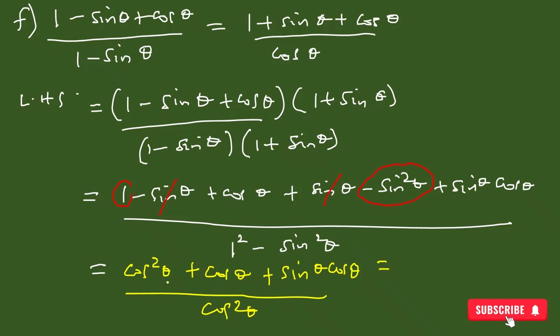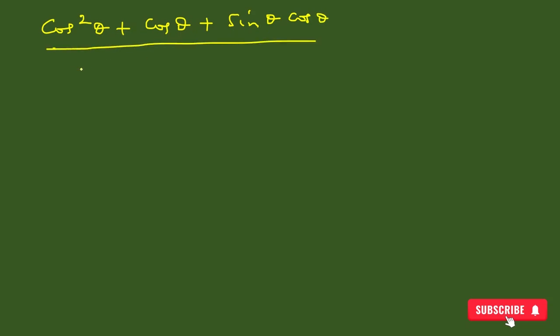You realize that in the numerator we have a common factor, which is cos. So when I take it out, let me write in the next. So we had cos squared theta plus cos theta plus sine theta cos theta over cos squared theta.